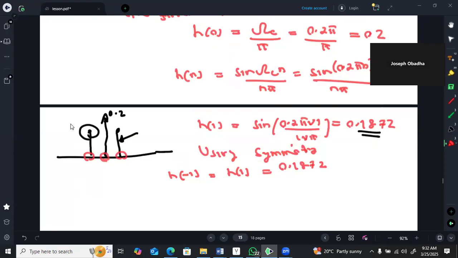But what we are discussing is that the filter turns out to be non-causal. So we need to shift this. That is the bit that now remains.